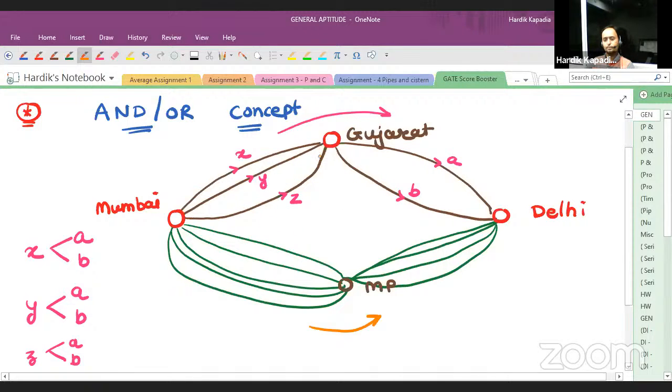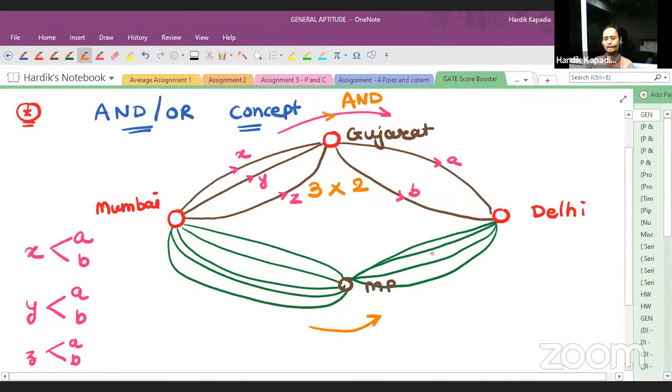So here, if you are taking the Gujarat route, then there'll be 3 options over here and 2 ways over here. And how are we going? Mumbai to Gujarat and Gujarat to Delhi. So it is multiplication.